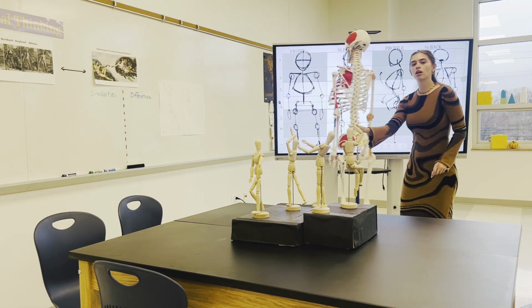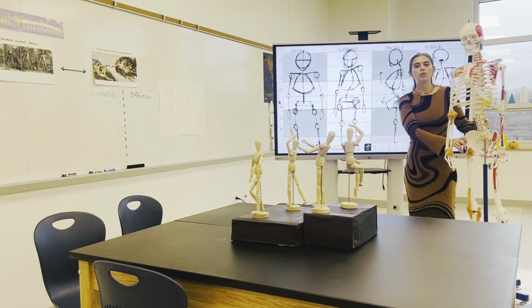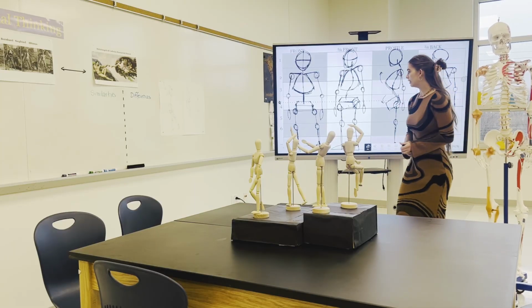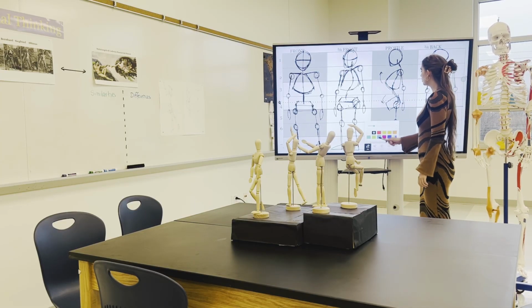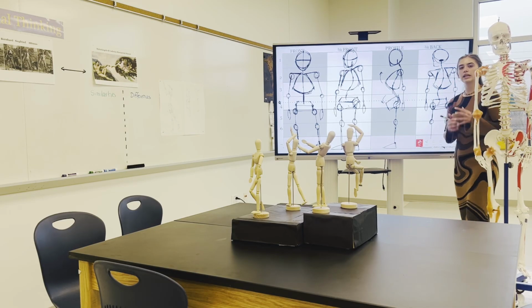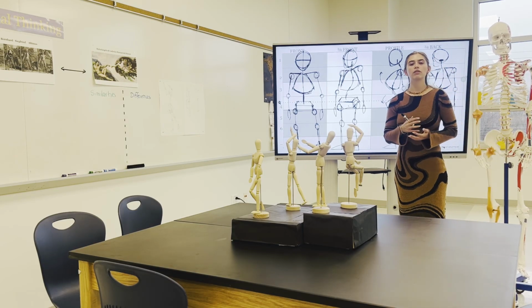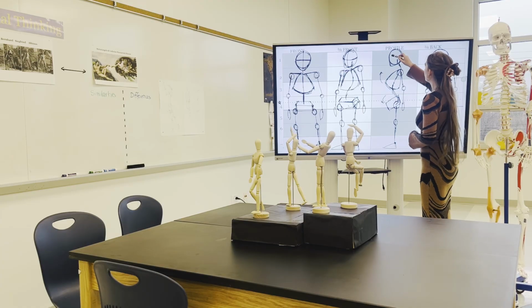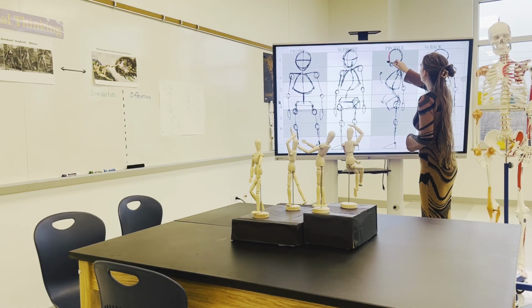If students are quicker than others, what I would challenge them to do is, in a different color, go to the profile position and think about the actual skin and tissue that would be around the skeleton. So for example, maybe they sketch out a nose in profile.